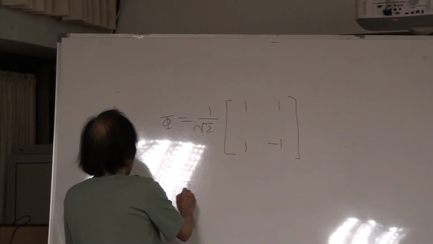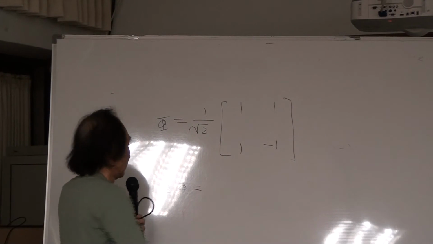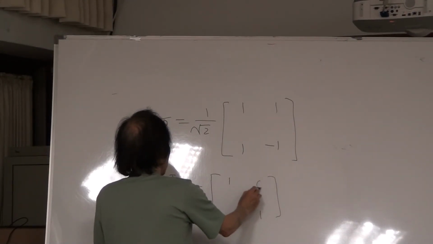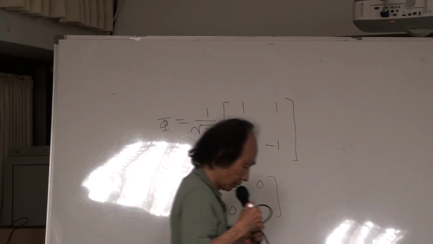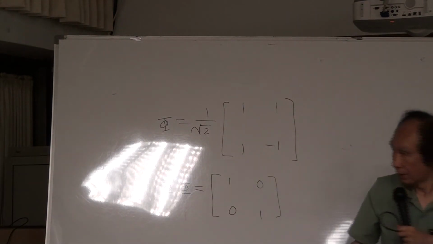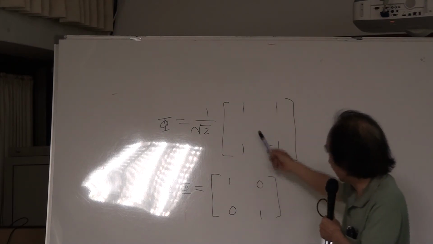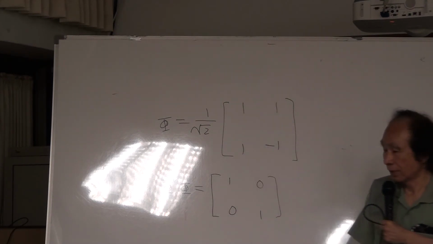If you write this, then this will be equal to 1, 1, 0, 0. All right? That means this and that, the first column and second column, they are orthogonal.